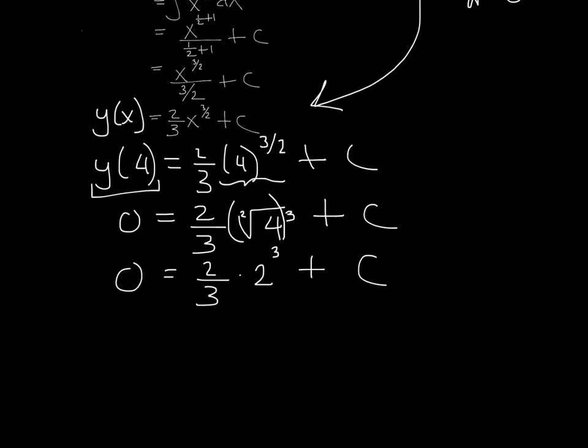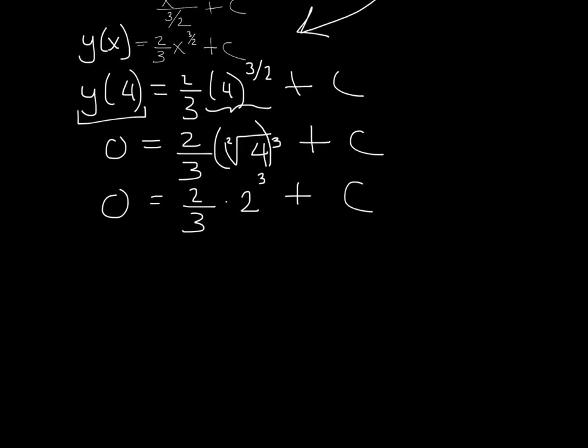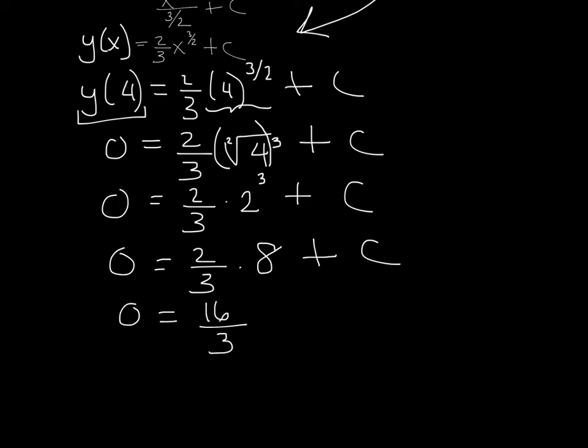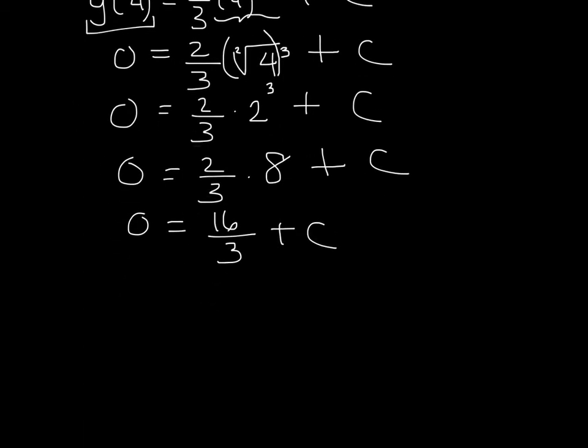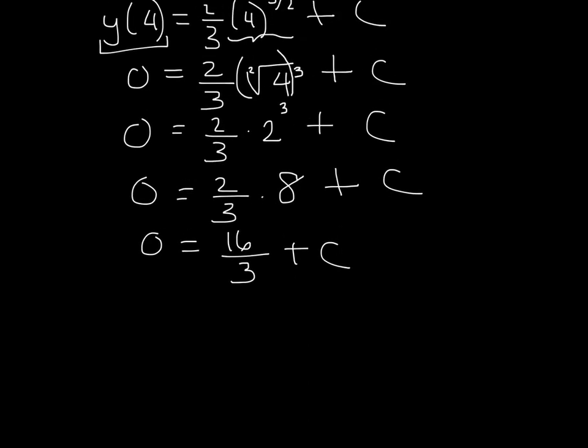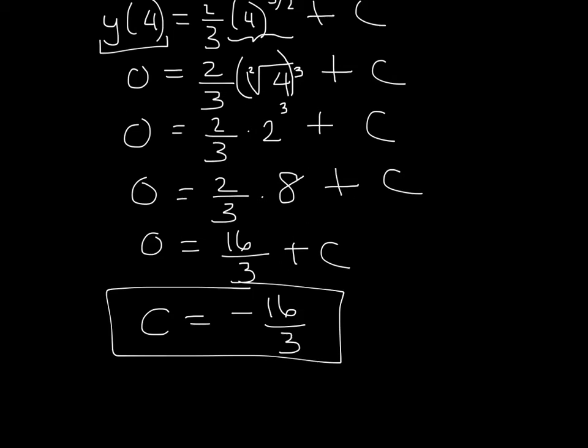So 0 equals 2/3 times 2 cubed. 2 cubed is 8, and so this is 16/3 plus c, and of course if we just solve for c, that's simply negative 16/3.